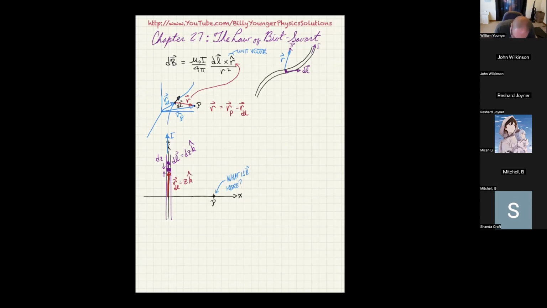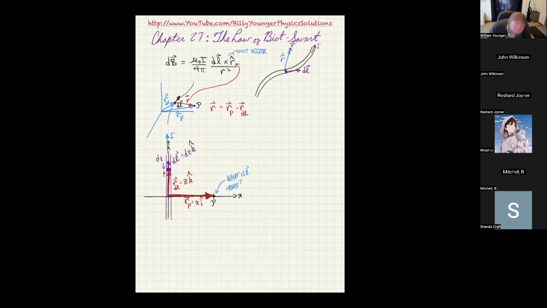And then there's another little red vector that points from the origin to the point, which we'd call r_P. That one is some distance x, and it points in the i hat direction.